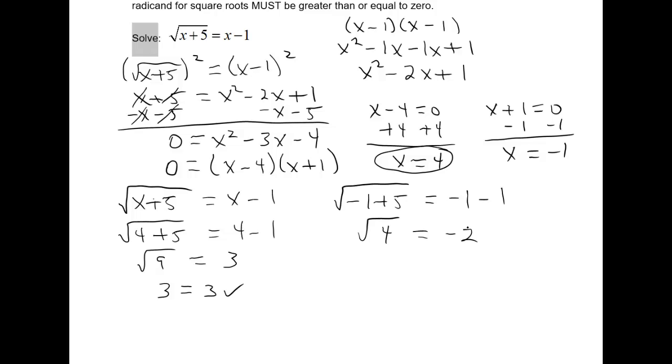So in this case, since our answer does not check, since the answer equals a negative 2, negative 1 is what we call an extraneous solution. So the only solution for this problem that checks is x equals 4.